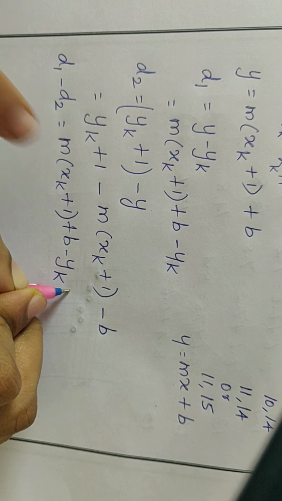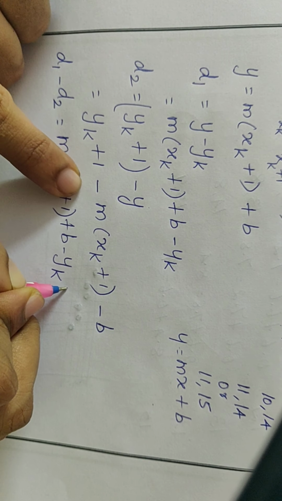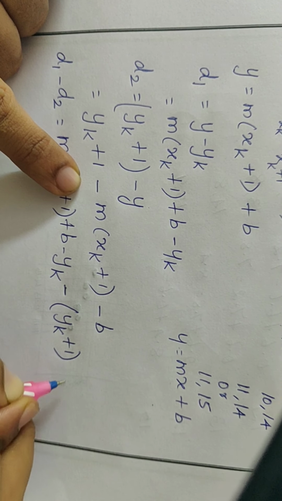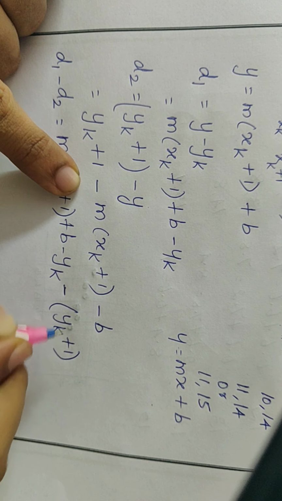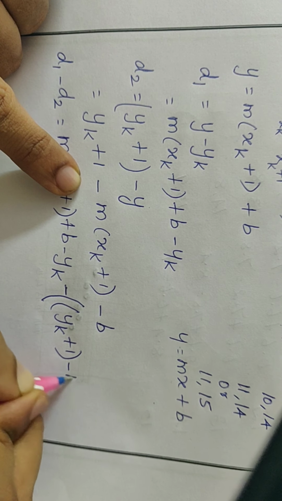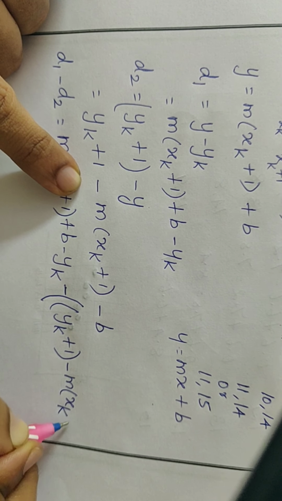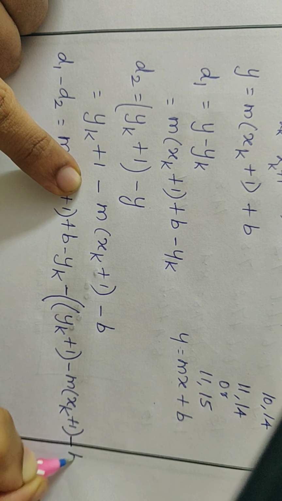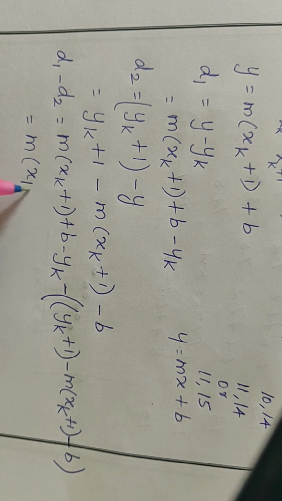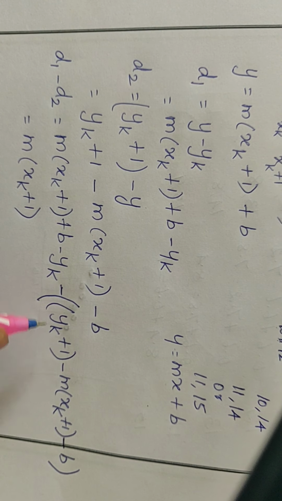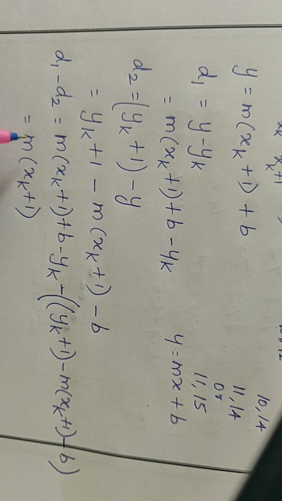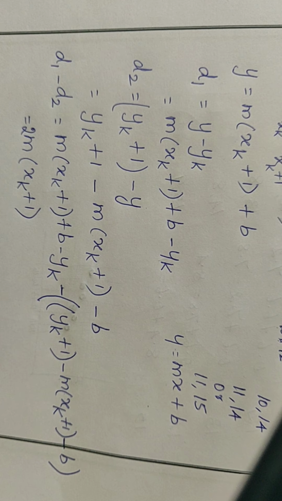So d1 minus d2 is m of xk plus 1 plus b minus yk minus all these values. So minus becomes plus. Otherwise I'll write yk plus 1 minus m xk plus 1 minus b, right? So it is m of xk plus 1, and this minus, so I have 2m xk plus 1.